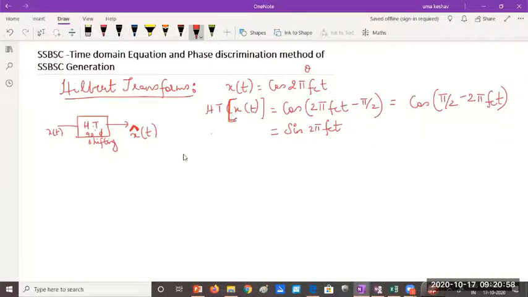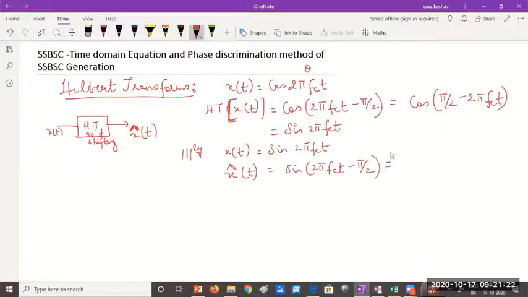Similarly, I am interested in these two signals. If the given signal is a sine, can you tell me what would be its Hilbert transform? What is x cap of t? You know this is the representation for the Hilbert transform. It is sine of 2 pi fct minus pi by 2, which can be written as minus sine of pi by 2 minus 2 pi fct, right?